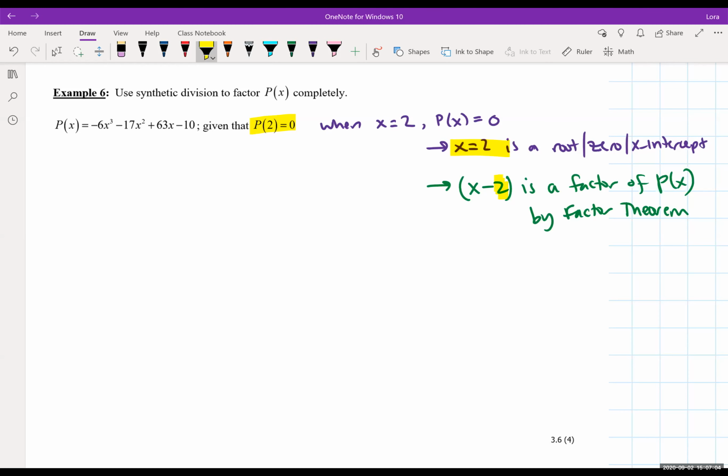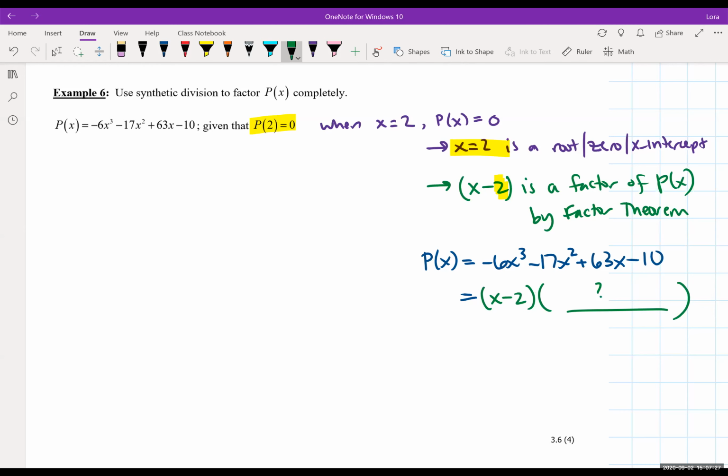So I'll set myself up at this moment just understanding this. My P of x, which was equal to -6x cubed minus 17x squared plus 63x minus 10, in fact factors down as x minus 2 times something else. And that something else happens to be the result of the synthetic division.